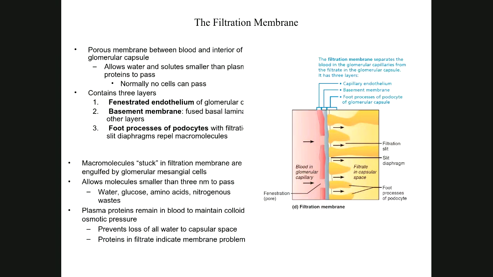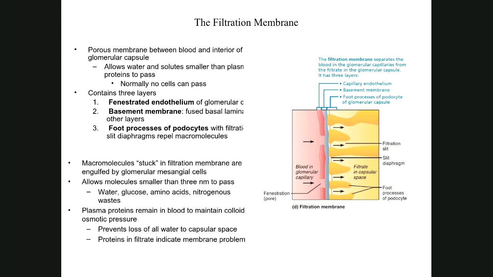See, it's fenestrated. We have the basement membrane that is fused with the basal lamina of other layers. And we have those podocytes with their foot processes, and between them, the filtration slits. So this is why we call it the filtration membrane, because of all those structures.